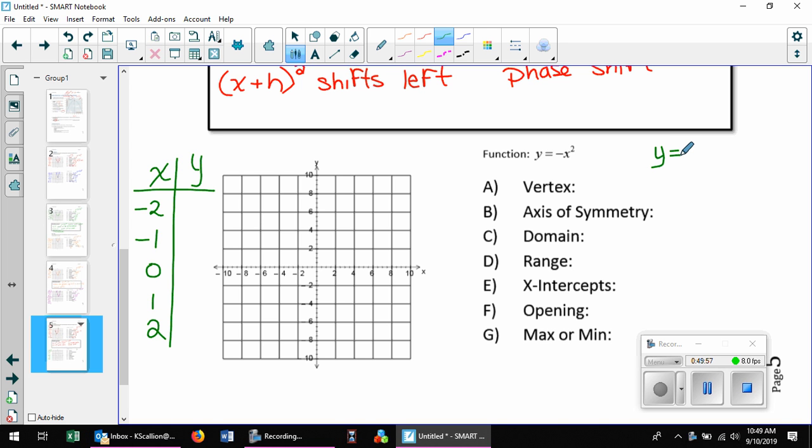Y equals negative bracket -2 squared. So -2 squared is +4, but then you're multiplying it by a -1, so it's going to be -4.